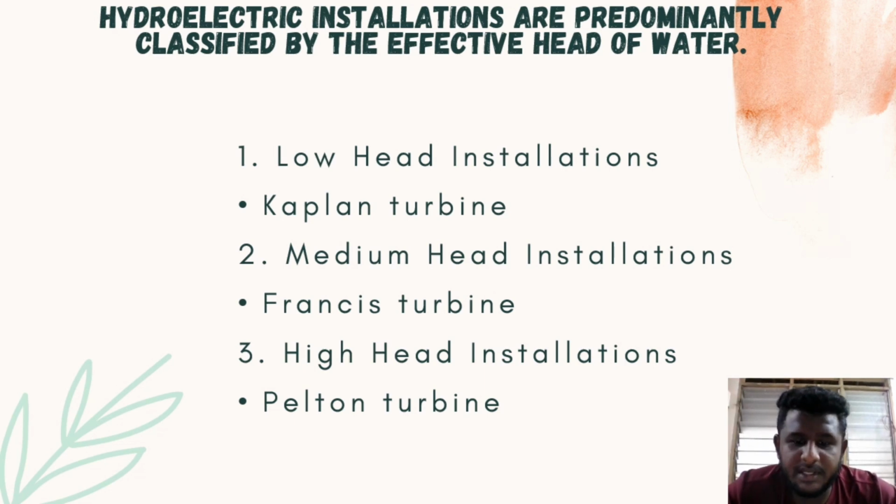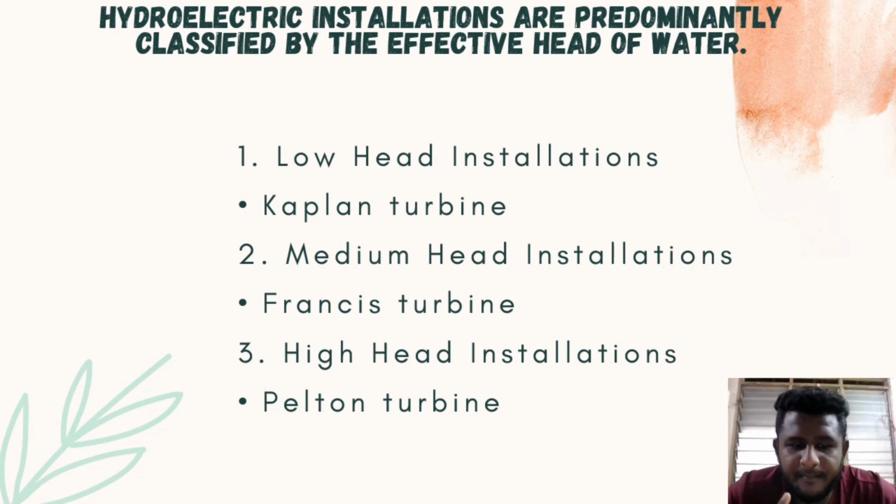The turbine used in the medium head installation is generally the Francis turbine, a type of turbine that is commonly used in medium head installation due to its high efficiency and flexibility. A suitable turbine runner for this type of installation will be a Francis runner.